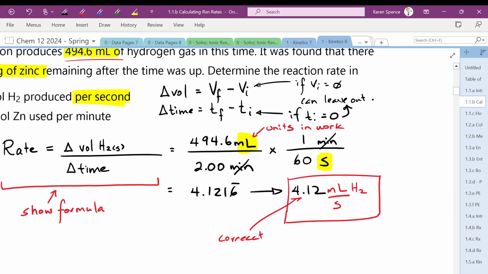And then you need to have units in your answer. Okay, and whenever you look at my answer key, you will find, hopefully, if I've done it correctly, all of those things. All right?